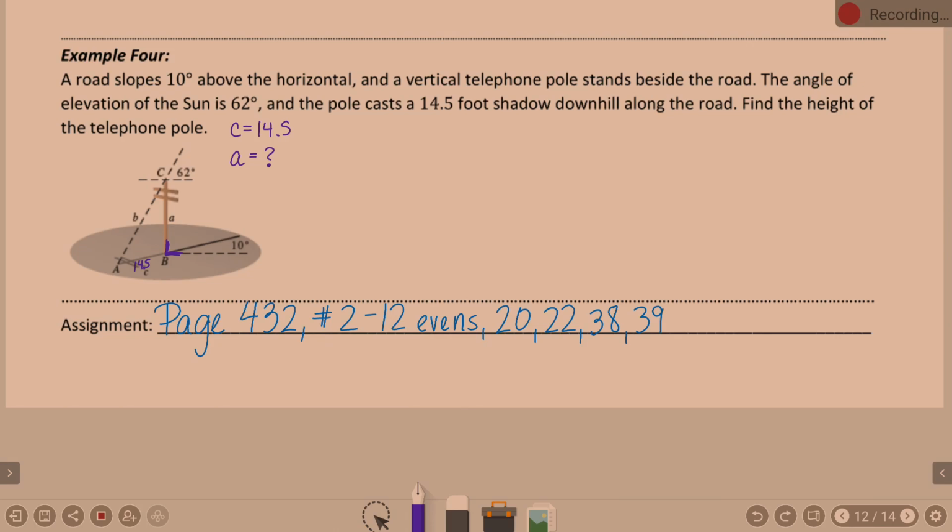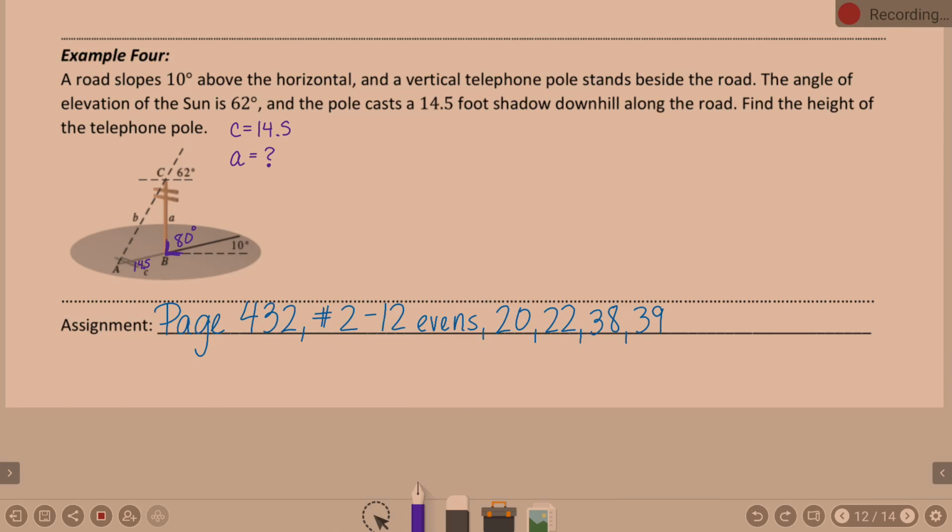We're talking about this dark black line being the road. Here's the deal. This is 10. This telephone pole makes a right angle with this dotted line. If this is 10, what's this right here? 80. Now, we have a straight line with the dark black and the shadow of the phone pole.